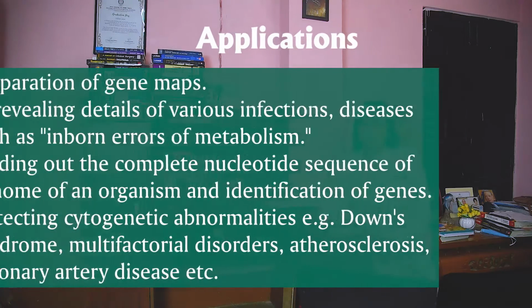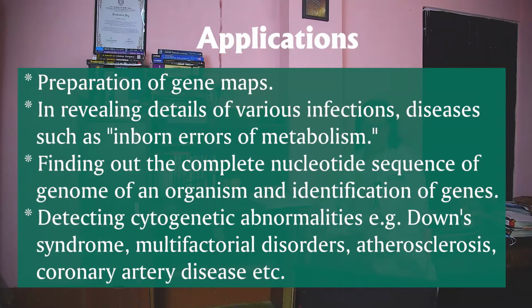Now coming to the applications: preparation of gene maps, revealing detail of various infections and diseases such as inborn errors of metabolism, finding out the complete nucleotide sequence of the genome of an organism, and identification of genes. Detecting cytogenetic abnormalities, for example Down syndrome, and multifactorial disorders such as atherosclerosis and coronary artery disease, can be done by recombinant DNA technology.